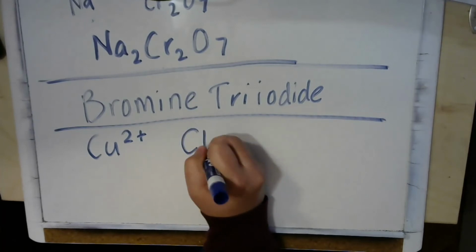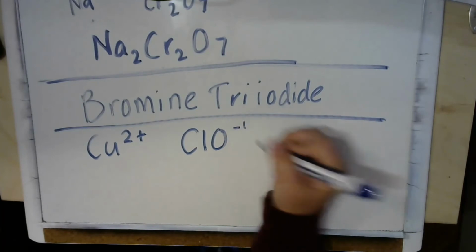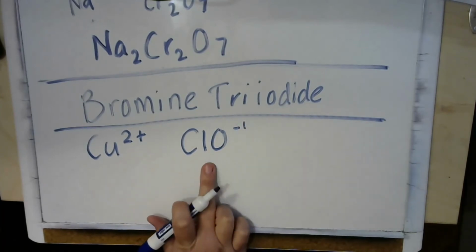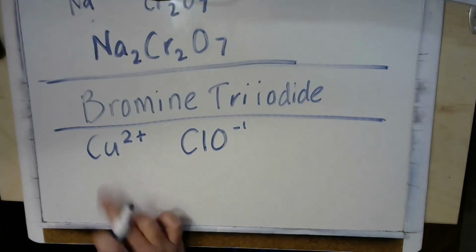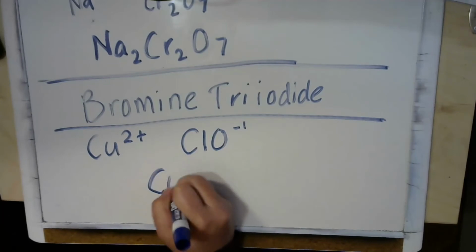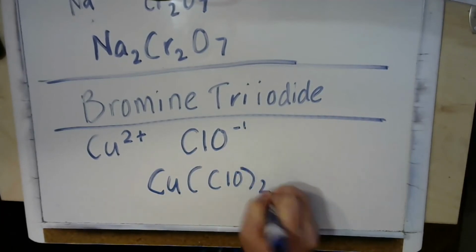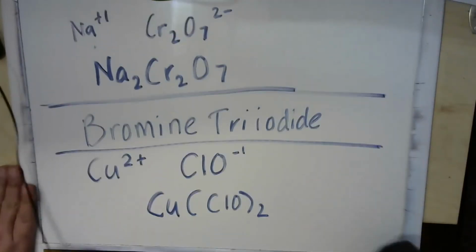So that will be ClO, only 1 oxygen, and then it has a -1 charge. So I'm going to need 2 of the hypochlorite ions to balance out the charge on the copper. So my formula will be Cu(ClO)2.